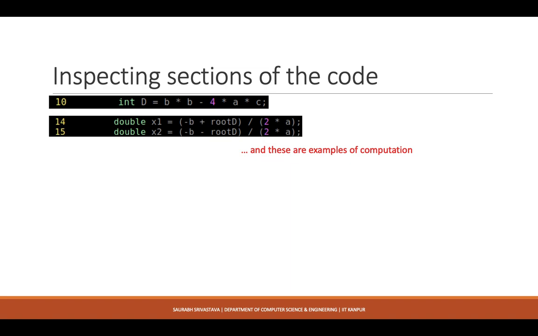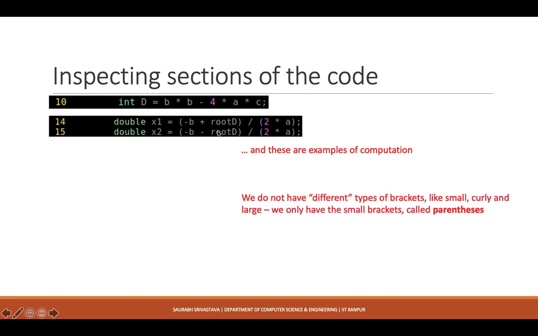These are some simple examples of how computation is done. You can already see that this is very similar to the pseudocode that we have already seen. Asterisk stands for multiplication, slash stands for division. One thing you have to realize is that in mathematics you have three different types of brackets: the small brackets, the curly brackets, the large brackets. But when you are writing expressions like this, the only brackets you can use are the small brackets.